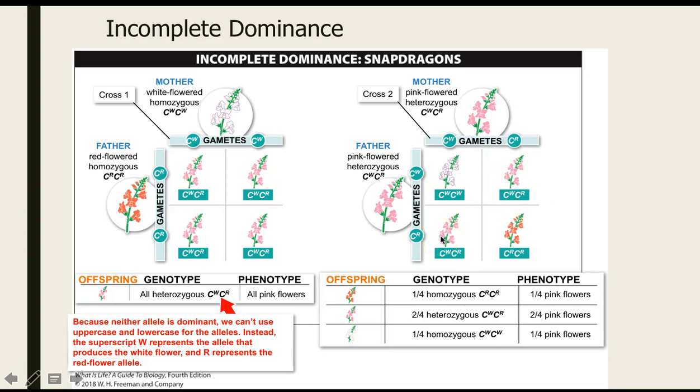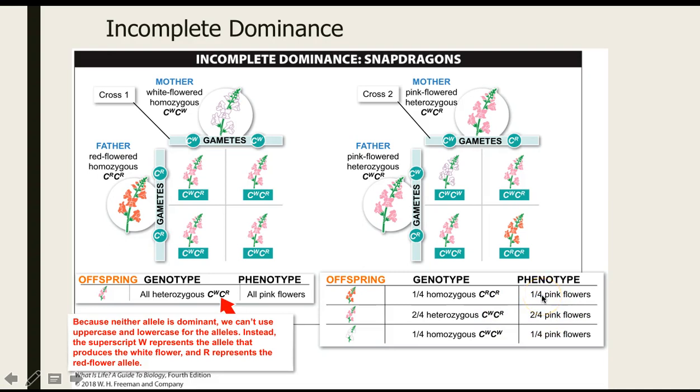This is exactly the same thing that we saw before with the genotype of having 1/4, 2/4, and 1/4 for genotype. But notice that the phenotypic ratio is a little different. The phenotypic ratio much more closely mirrors the genotypic ratio, and that's because the heterozygote has their own very distinct color, in this case pink.